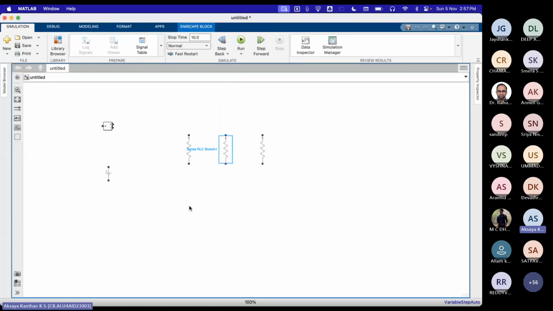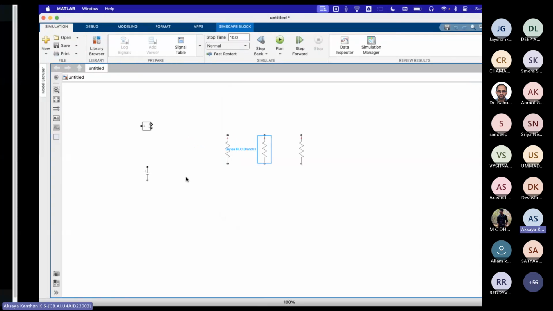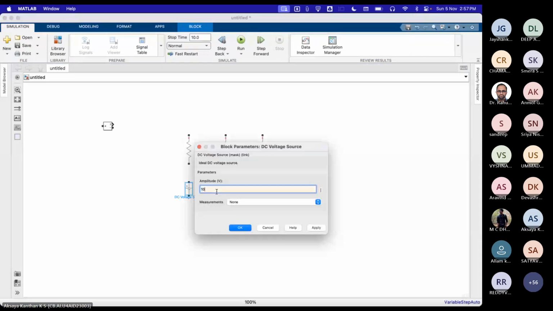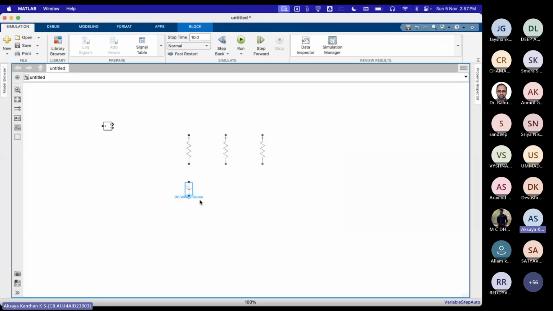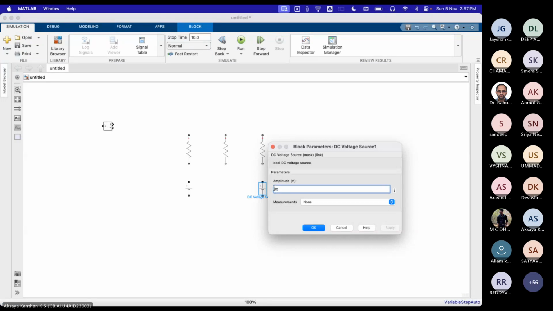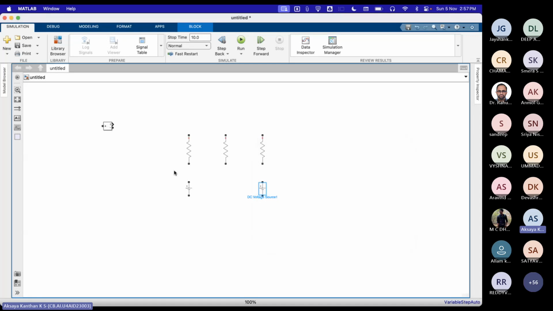Then there are two voltage sources. So it is 10 volts, and this one is 20 volts. Then connect the terminals.